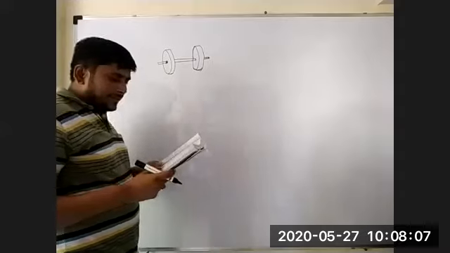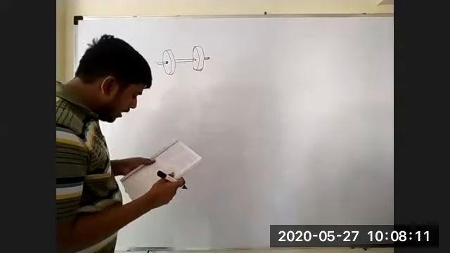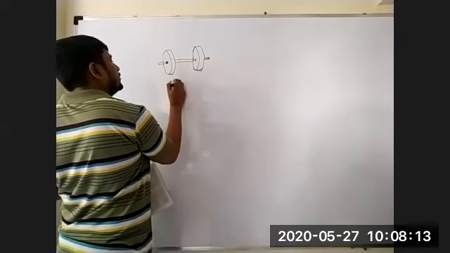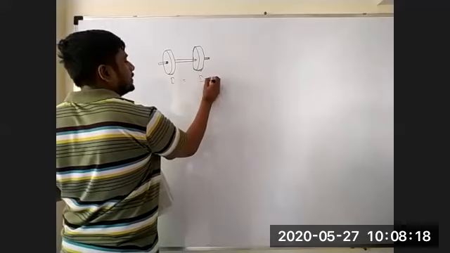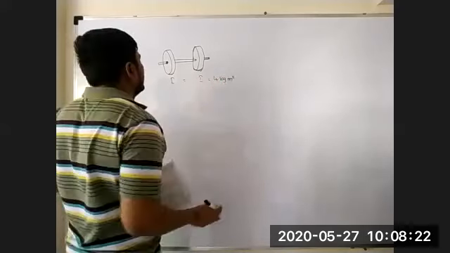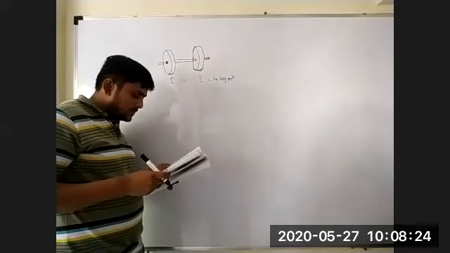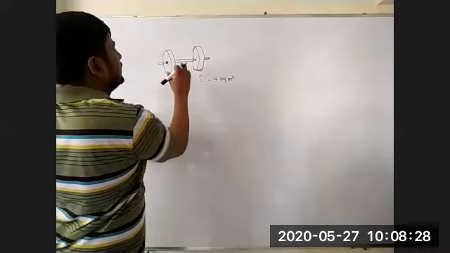Two wheels of moment of inertia 4 kg meter square. So both have the same moment of inertia, that is equal to 4 kg meter square. The moment of inertia of both bodies is the same, and they rotate side by side. Side by side means they are not one after another.